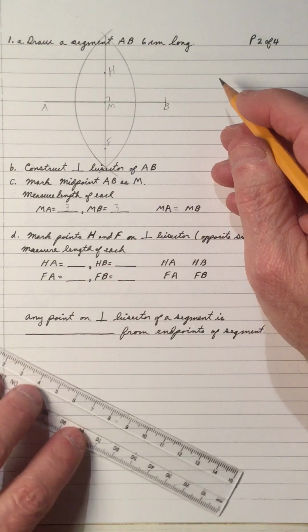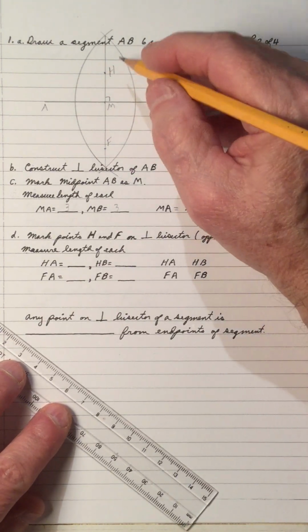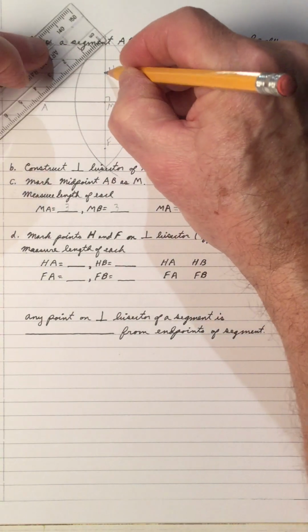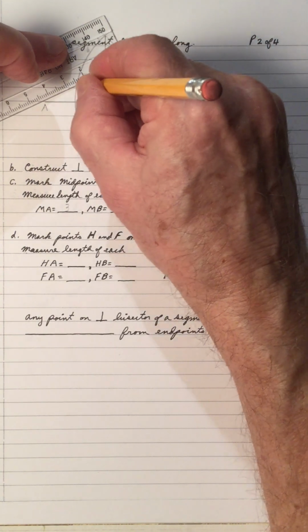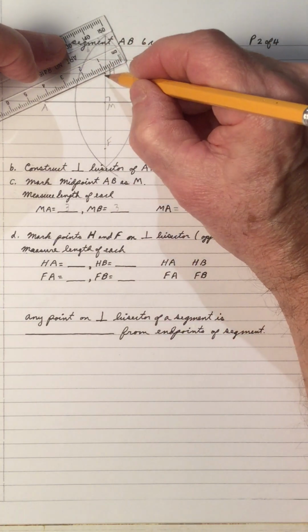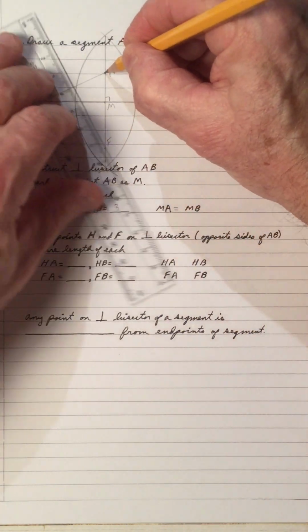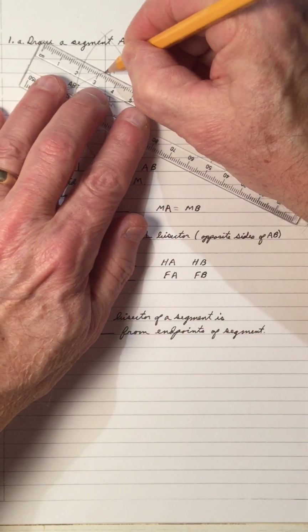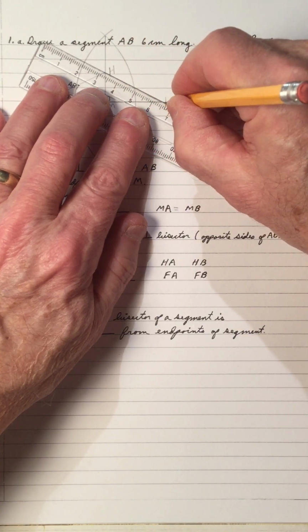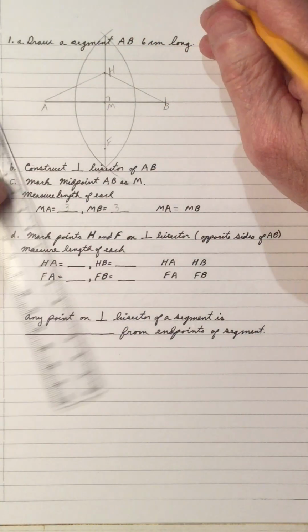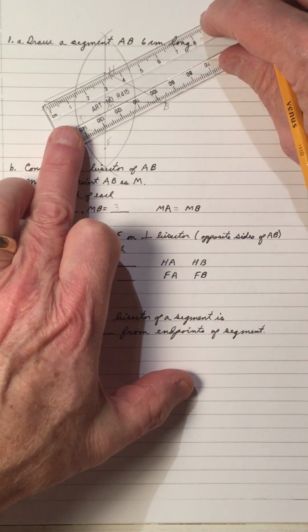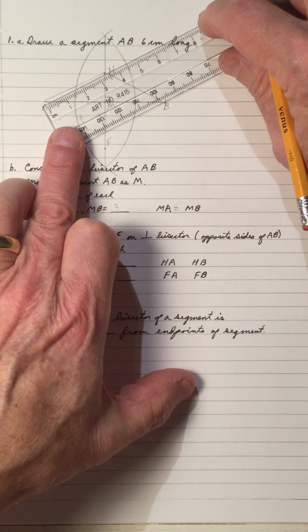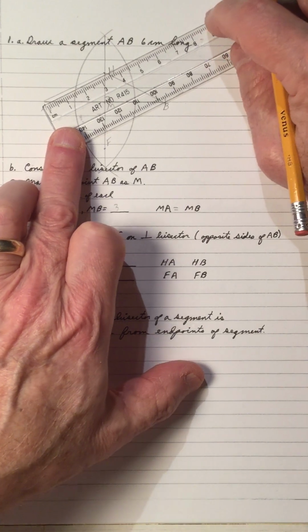It says to measure the length of HA. HA is this segment right here. If I join them up, there's HA and there's HB. So there are the segments that I'm measuring. Let's see what HA is roughly.